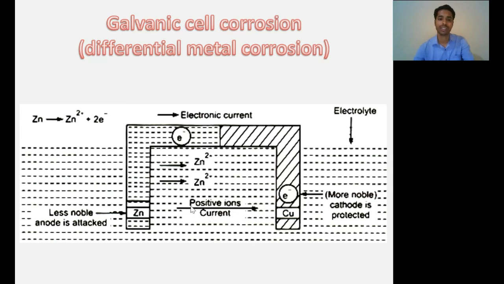The reaction on the anode is always corrosion or dissolution of metal, and the reaction on the cathode depends upon the electrolyte, that may be either evolution of hydrogen or absorption of oxygen. So this is about galvanic cell corrosion.